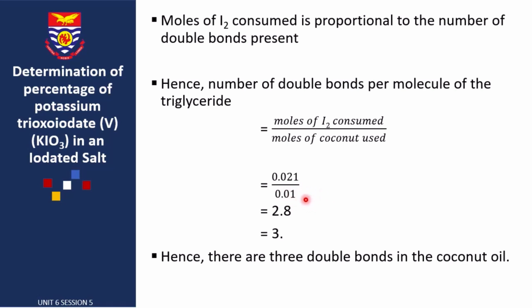This is almost 3. Remember, we don't have something like 2.8 bonds. A bond can be 1, 2. It cannot be in decimals. So we run this up to 3, indicating that there are 3 of the double bonds present in the coconut. And that's the final part of the task, and where we end this session.